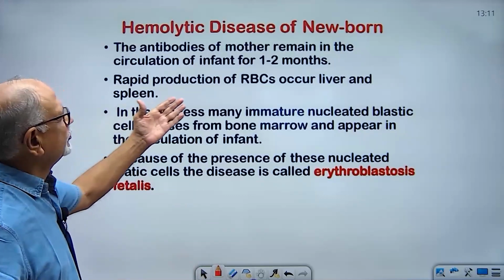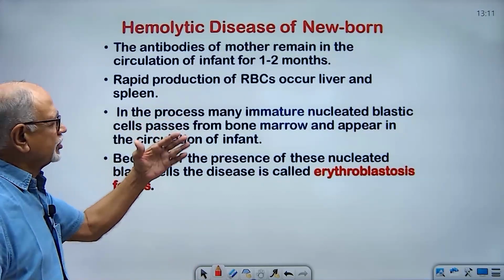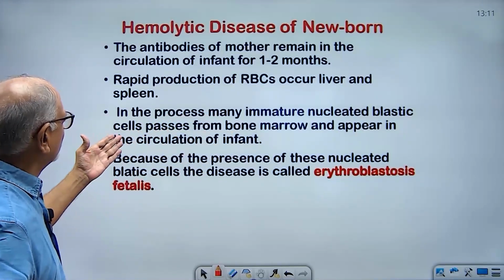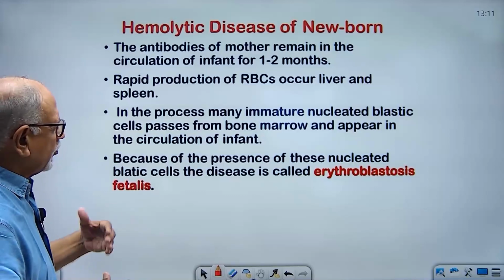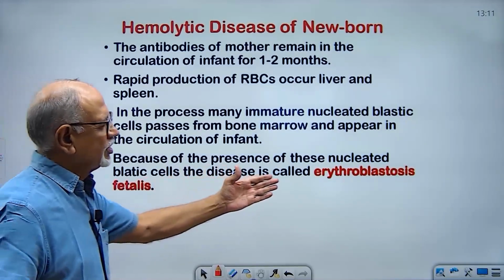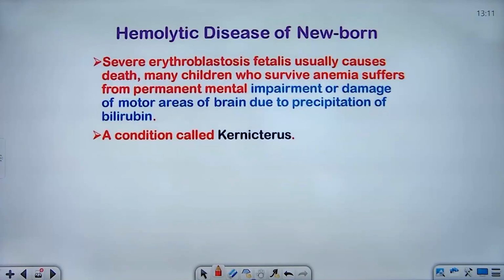So, many erythroblasts are produced there. In this process, many immature nucleated blastic cells pass into the circulation. Therefore, it is called erythroblastosis fetalis.